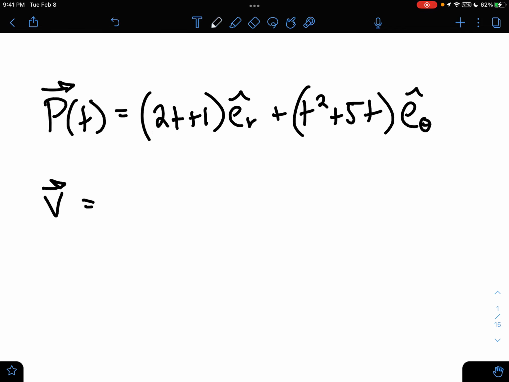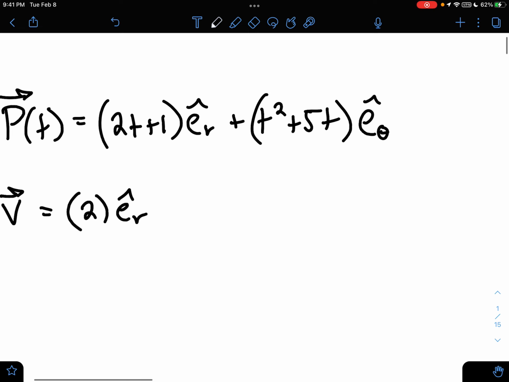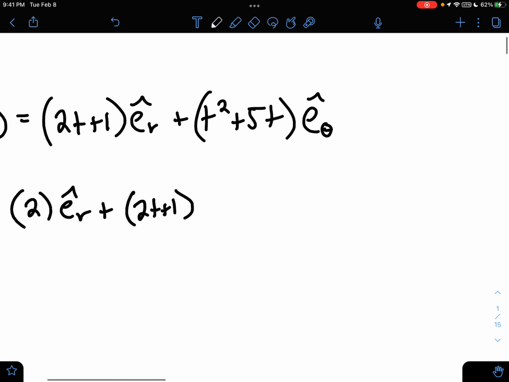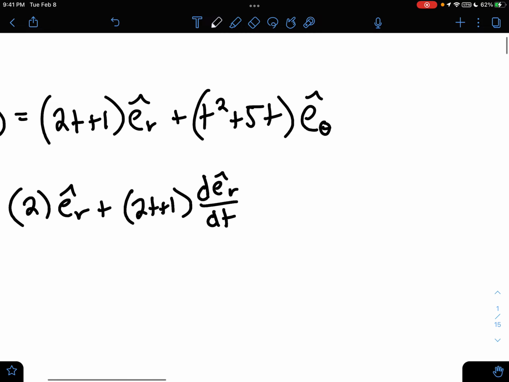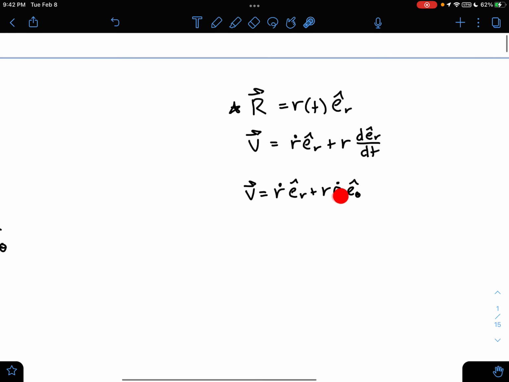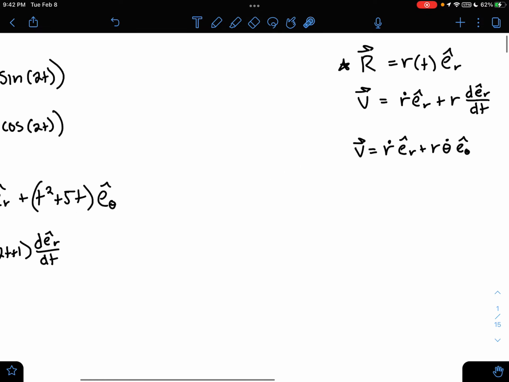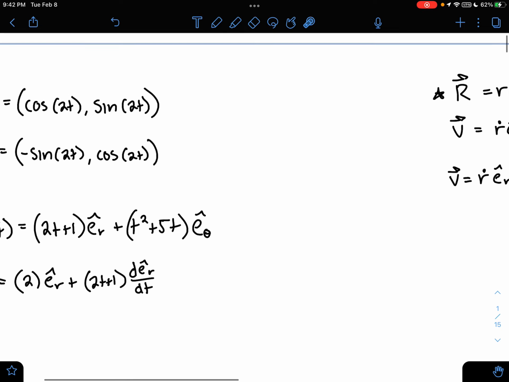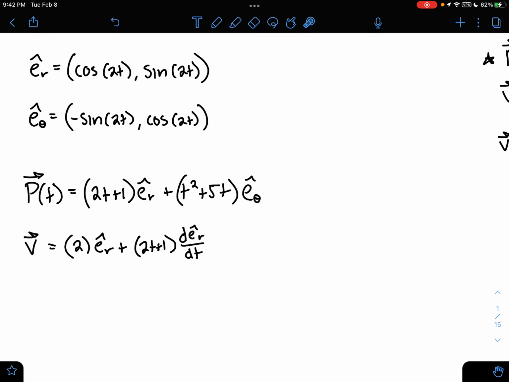This is going to be our product rule: derivative of the first times the other, plus (2t plus 1) times d e hat r dt. And this time I can't just plug in whatever d theta dt is, because I don't know d theta dt, and I know e theta hat, but I don't know what theta is. So I can find our derivative with respect to time in terms of this.